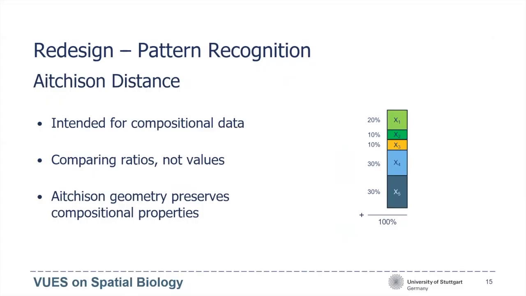This is different from standard Cartesian coordinates, since when one component of a vector changes, one or more of the other components also have to change in order to satisfy their sum resulting in 1. For this special geometry, the Aitchison distance provides a metric that compares the components' ratios instead of their values.